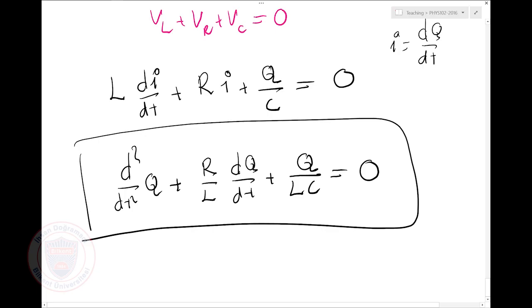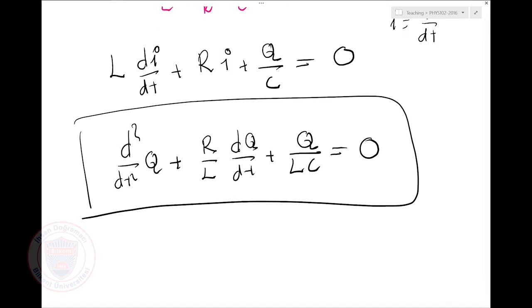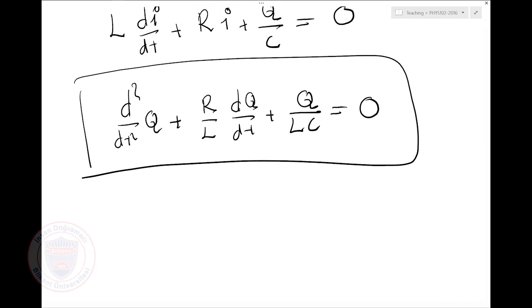Now, okay, it's a little bit more tricky. I cannot just inspect this and say, hey, I have a solution right away. But I can easily see two limits here.